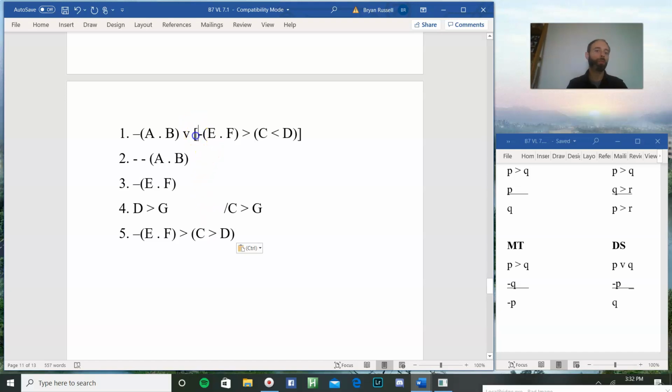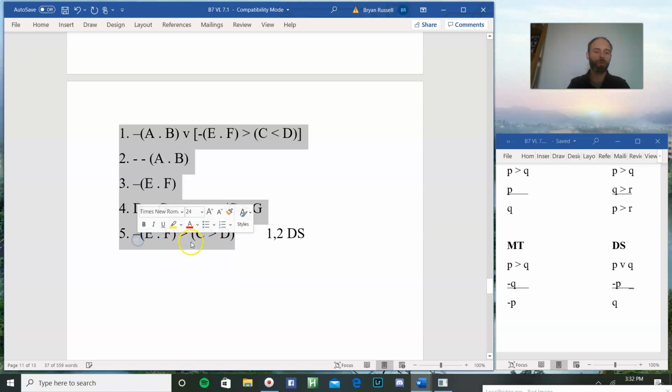We can lose the brackets now because they're not doing any work. If we still had the brackets, they would be outside here, and they wouldn't be separating this from anything, so we can drop the bracket. So how did we get this? We got this by doing 1, 2, disjunctive syllogism. All right, so now that we have this new information, what can we use with that?